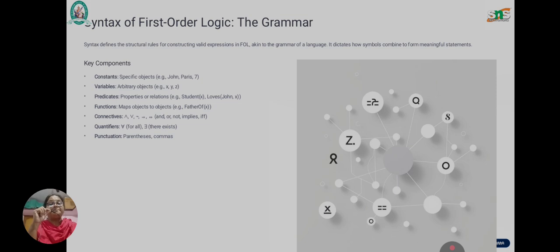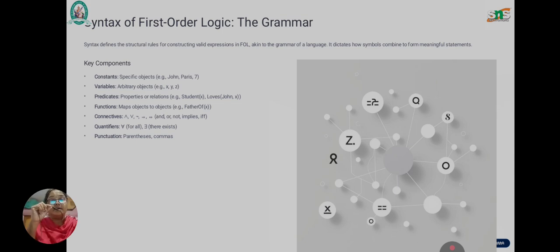Predicates are mainly used to indicate the relationships. In the previous slide itself I explained that the constants may be related in a relation like friend, love, or professor, mother, father, etc. And functions are always used to map the objects, or map a single object to other objects.